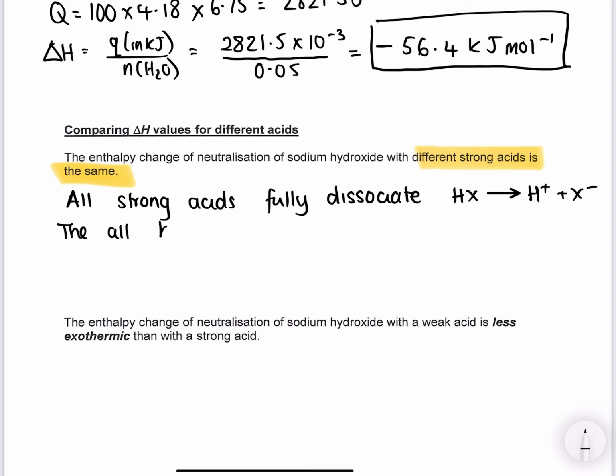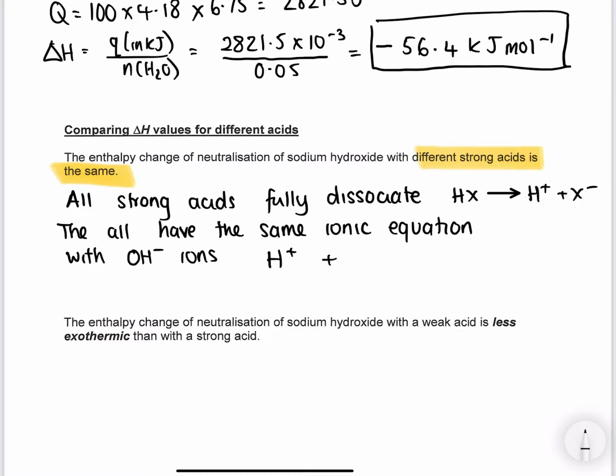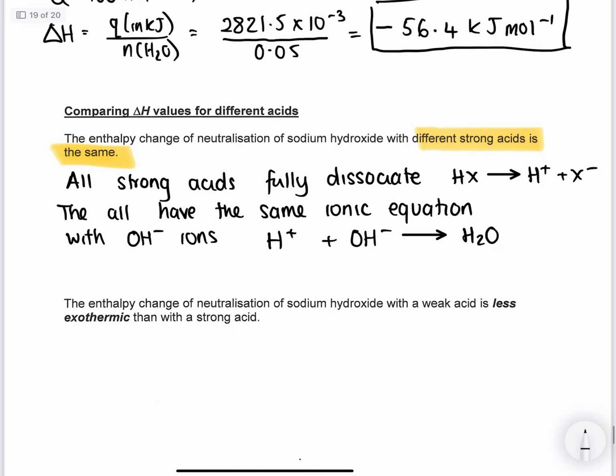They all have the same ionic equation with OH minus ions. So it's H plus. So they all fully dissociate to give H plus. They all have the same ionic equation with hydroxide ions.